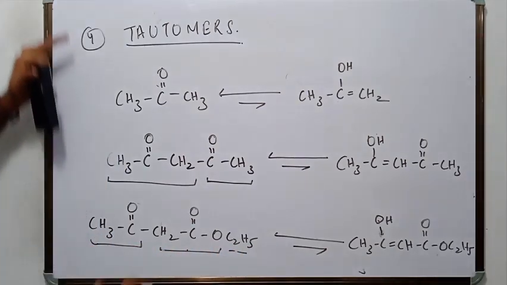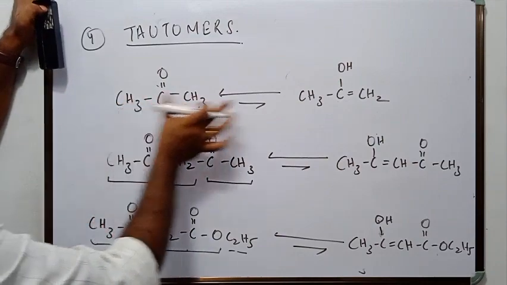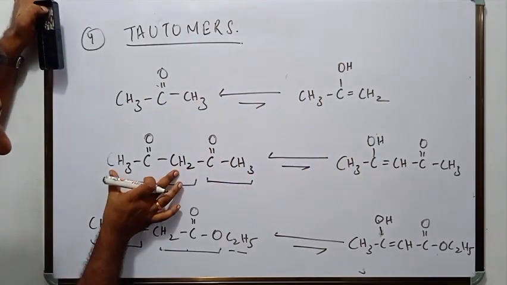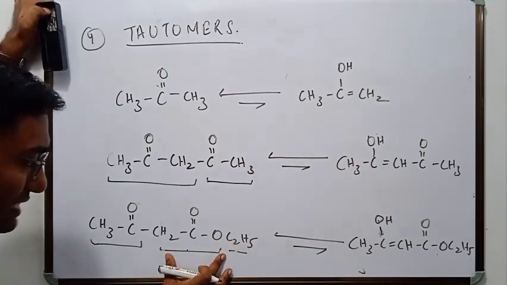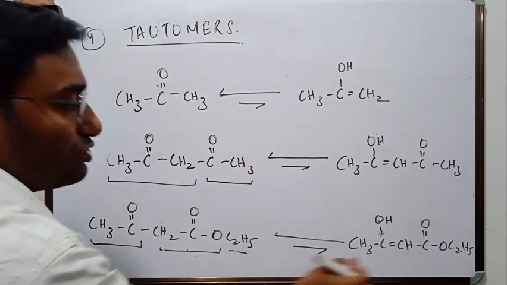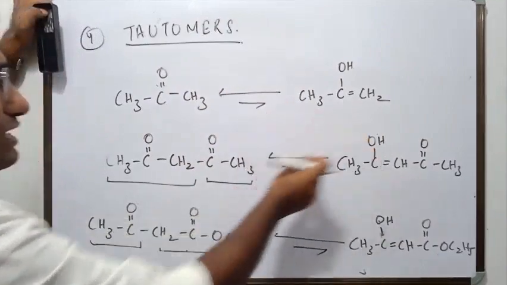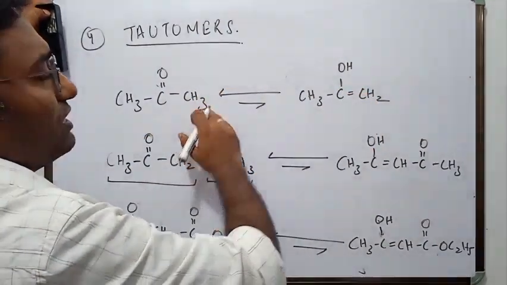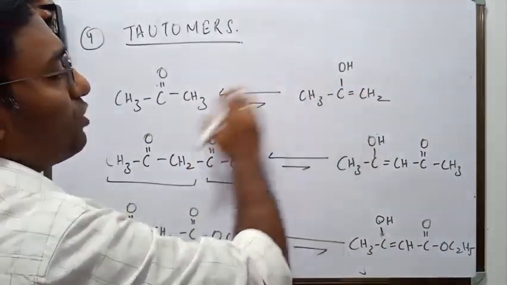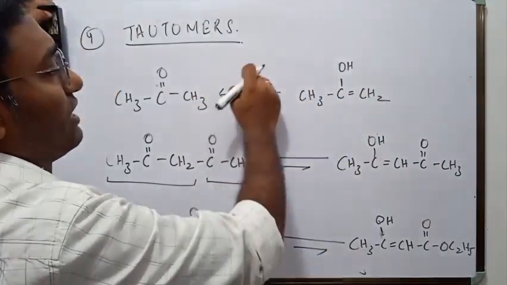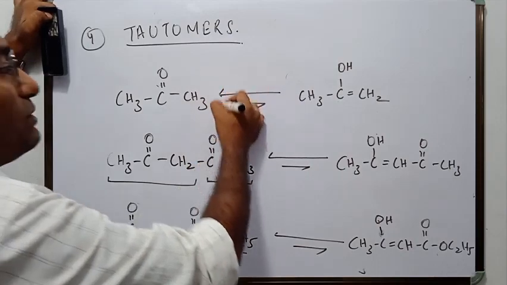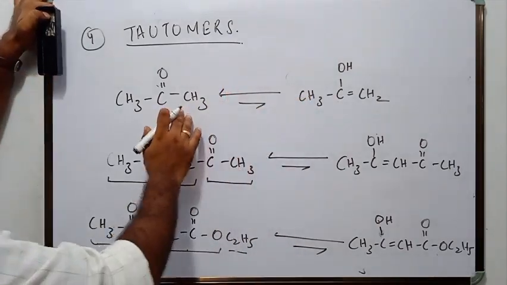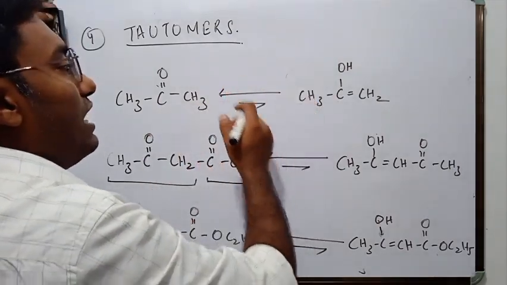So we have seen that acetone, acetyl acetone and ethyl acetoacetate all show keto-enol tautomerism. They interconvert into their functional isomer. Not only do they interconvert, they interconvert in a dynamic equilibrium, and this dynamic equilibrium only means that both of them coexist together at room temperature.